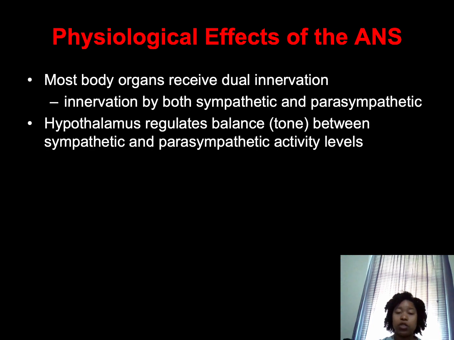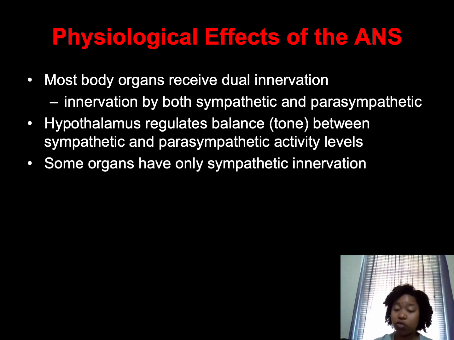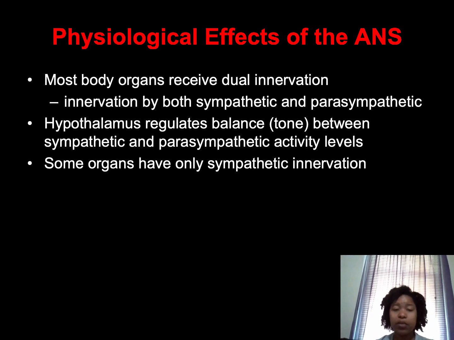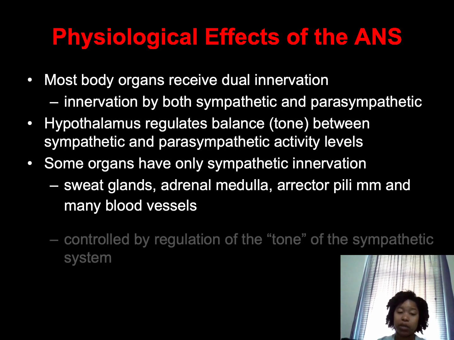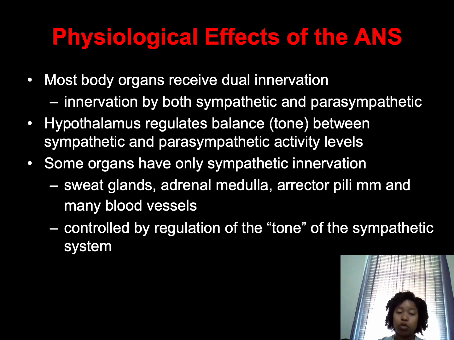Your hypothalamus regulates those activity levels so that they balance each other out for normal operations. Some organs only have sympathetic innervation, like sweat glands, the adrenal medulla, the erector pili muscles, and many blood vessels. Those are controlled by regulation of the tone of the sympathetic system.